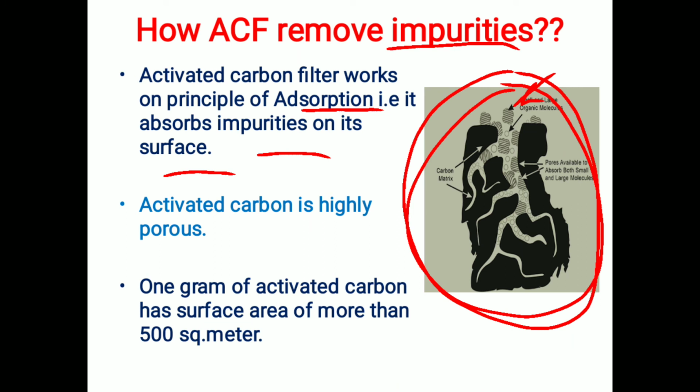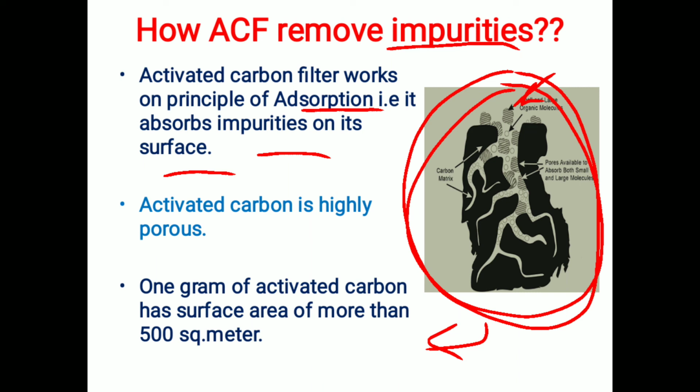Okay, when we flow water through this activated carbon, our water gets filtered. That is, impurities get trapped inside these cavities or pores, and our water gets filtered and is used for further use. So for absorption, the filter media should be highly porous.